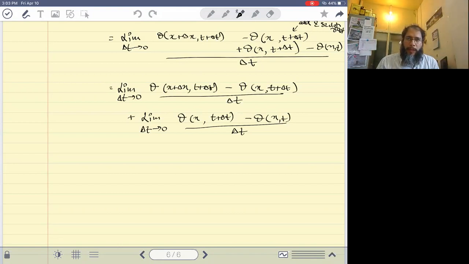So we have separated the limits on two different ratios.